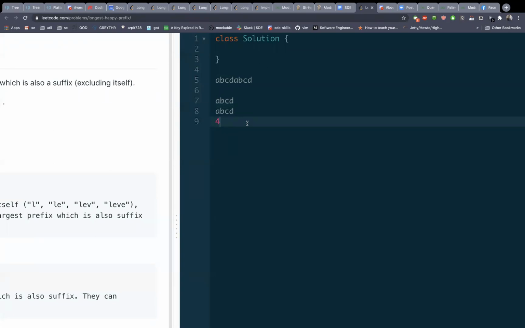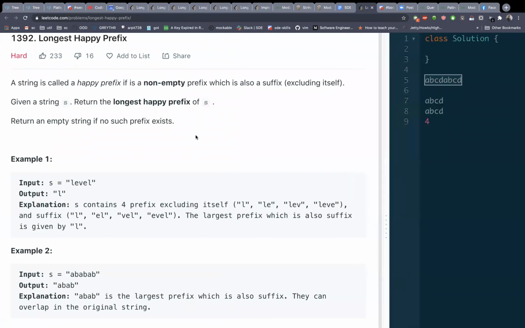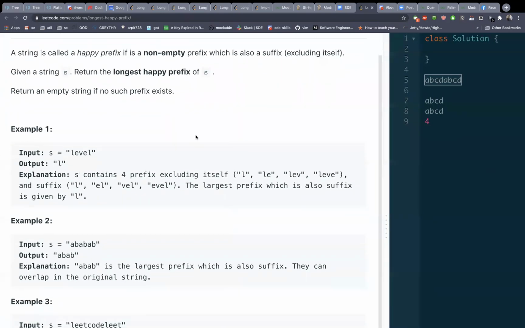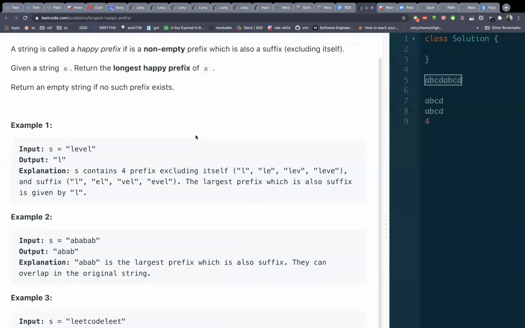And also one more condition is there. Now this entire string is a prefix, and this entire string is a suffix as well. So the answer will also always be equal to the length of the string, right? So the problem will itself not make any sense. So they have given one condition: the length of the prefix should be smaller than the length of the actual string. So I hope that's clear. Problem statement.